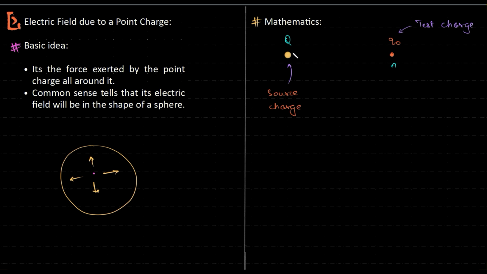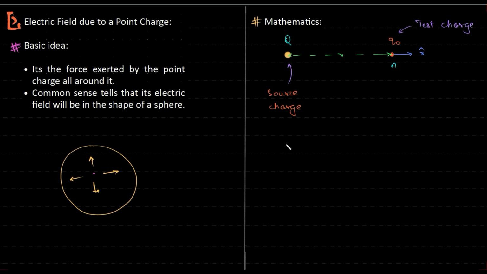So this would be our distance. If this is positive and that is also positive, the test charge has to be positive, and say this is also positive. That would be the direction of force, and the same idea applies for the electrical field also. So let's represent this as R cap, the unit vector pointing along the line connecting Q and Q naught.